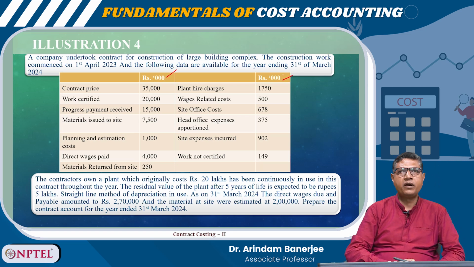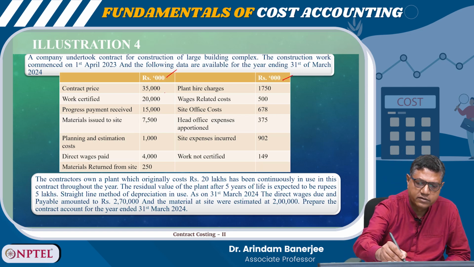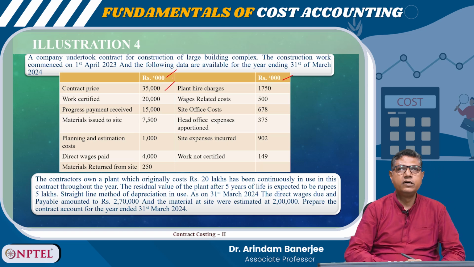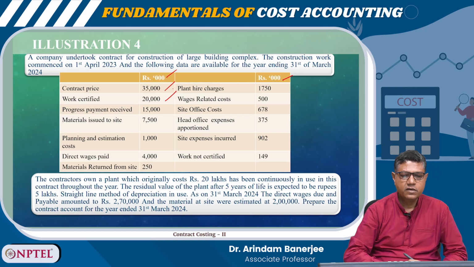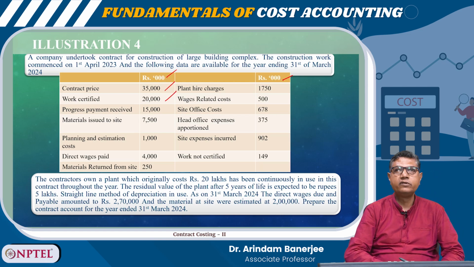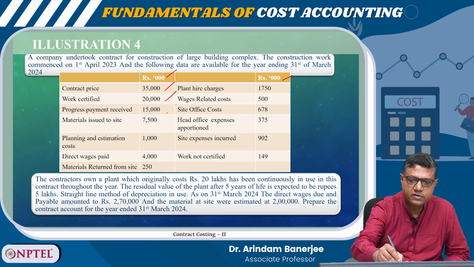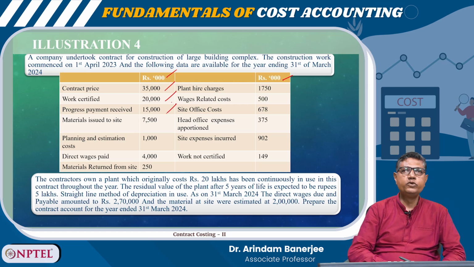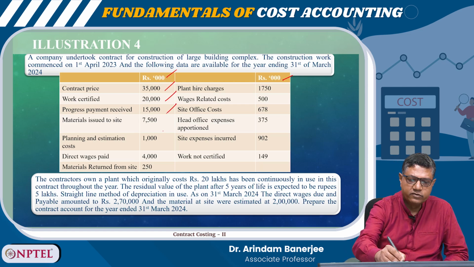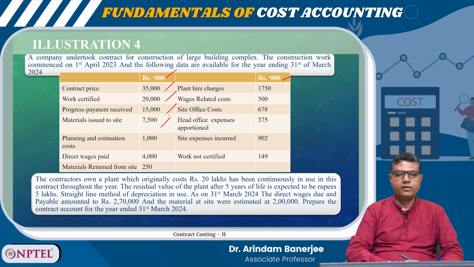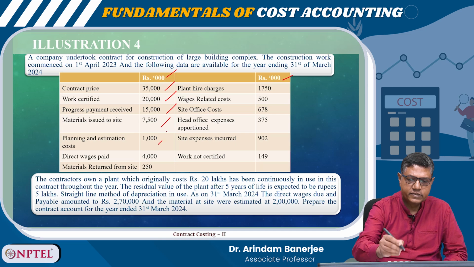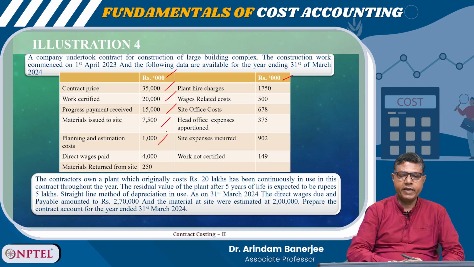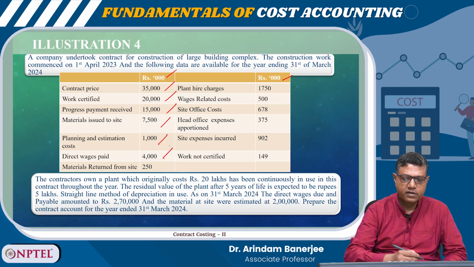Contract price is 35,000. Work certified 20,000. Progress payment received 15,000. Material issued to site 7,500. Planning and estimation 1,000. Direct wages paid 4,000.